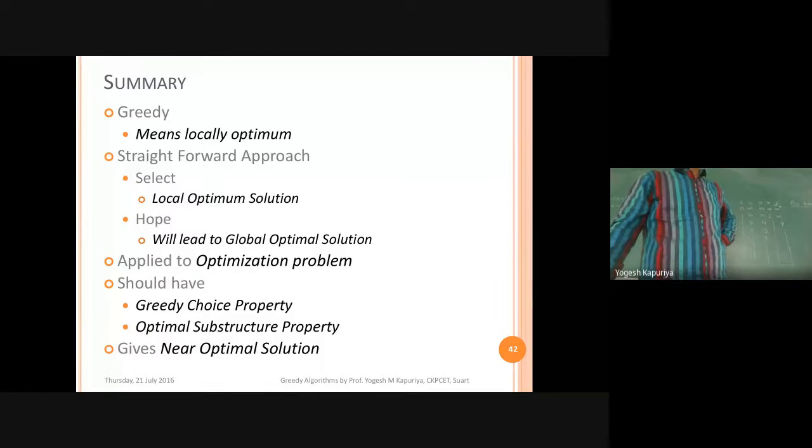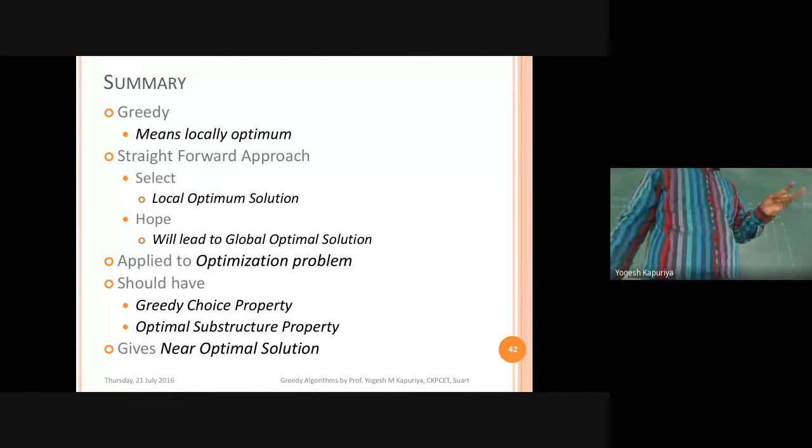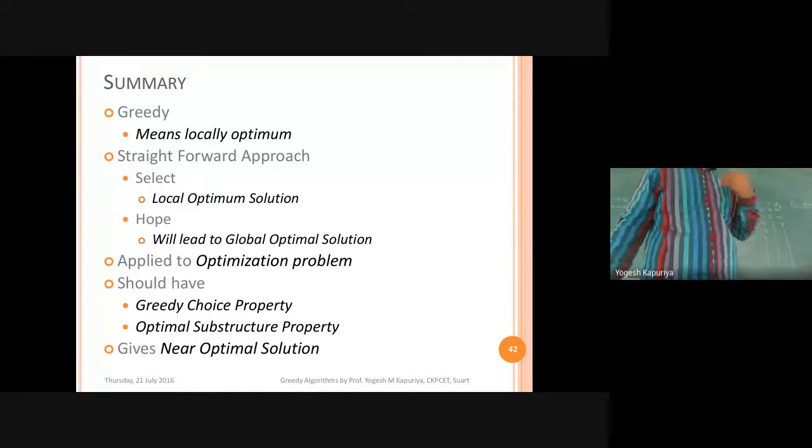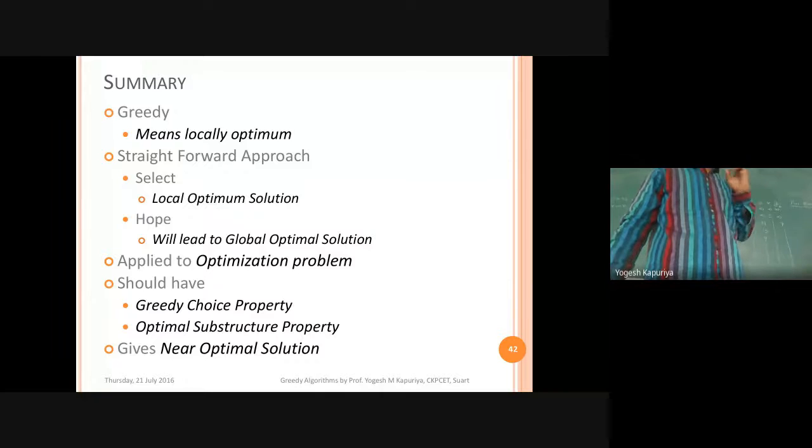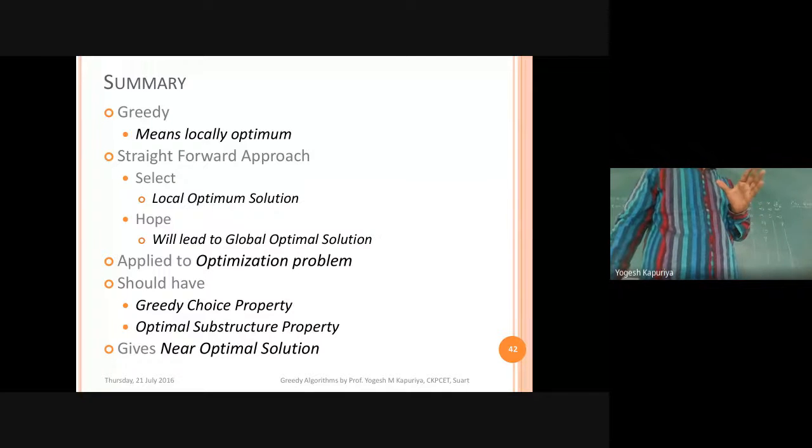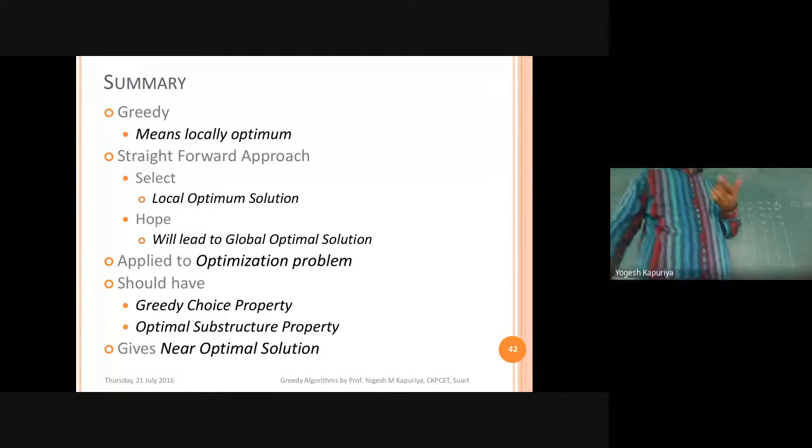Most of the time, greedy is applied to optimization problems. Whatever problems we have discussed are all optimization problems. Knapsack problem, optimization, we want to maximize profit. Shortest path, optimization, we want to minimize the distance. Minimum spanning tree, optimization, we want to minimize the total cost. Huffman coding, again optimization, because you want to minimize the length of the code.